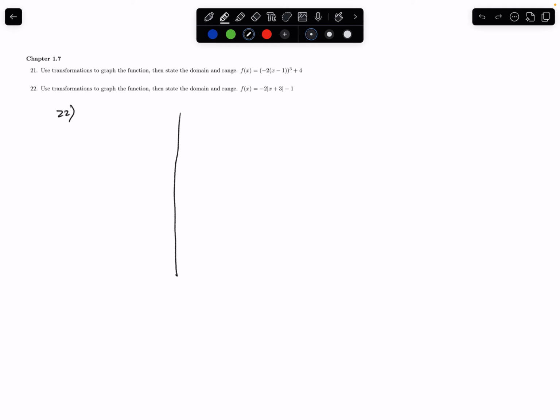Let me just draw a quick sketch of what I had. And the only thing I really need to know here is where I started, right? I was at 1, 4. And then I remember it went up this way and down that way. So looking at the domain, this is going to go forever to the left, forever to the right. So domain for number 21.